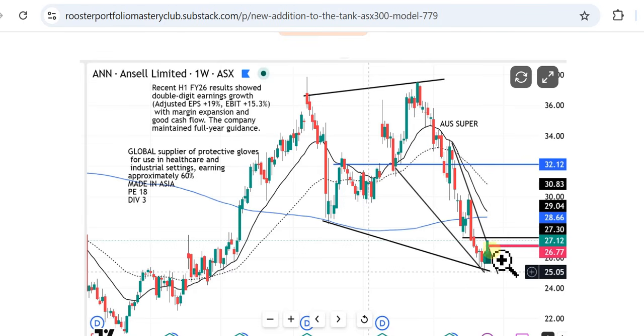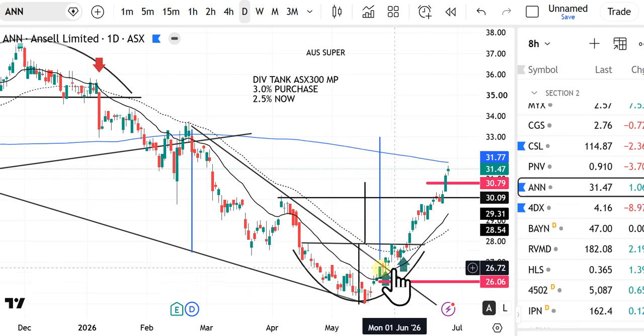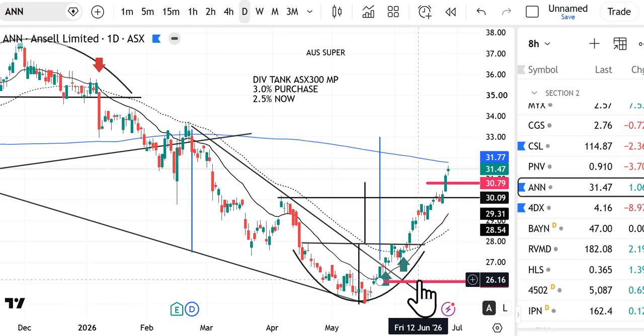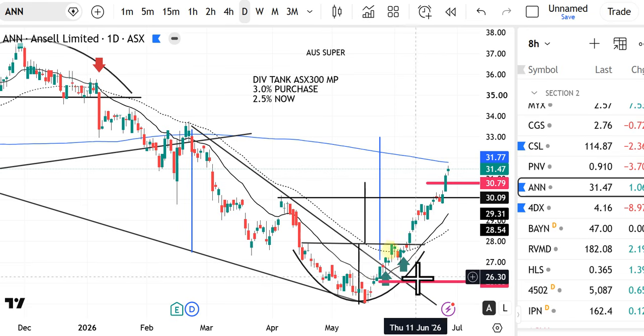So you buy there with a stop loss here. Because it's important to use stop losses because you don't always get it right. And you also don't want to fall in love with a stock. That's rule number one. So if it doesn't work out, you're out. You lose 2-3%, move on.